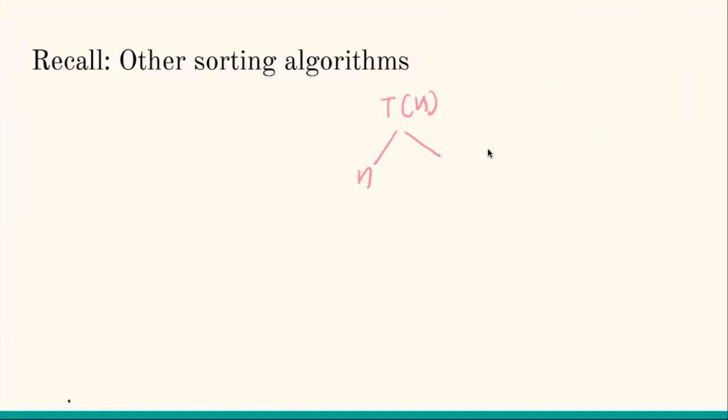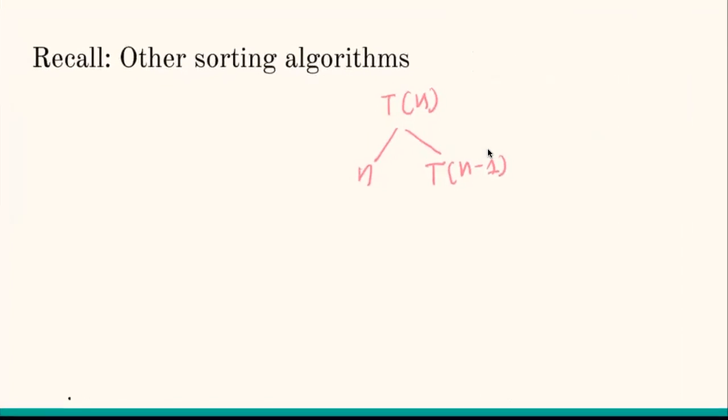And what is the size of the subproblem? n minus 1. When you take n minus 1, you perform the partition n minus 1 times, resulting in another subproblem of size n minus 2.